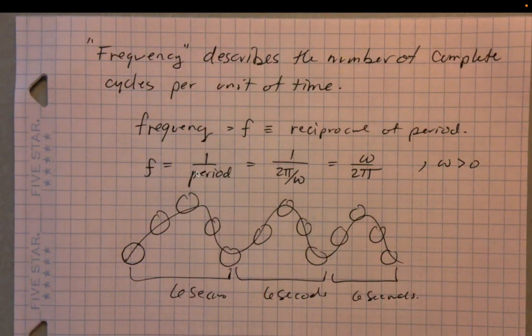So the question naturally would be, what is the frequency of the ball in this model? Remember, the frequency describes the number of complete cycles per unit of time. The period was given in seconds, so we'll be identifying the number of complete cycles per second with our model.